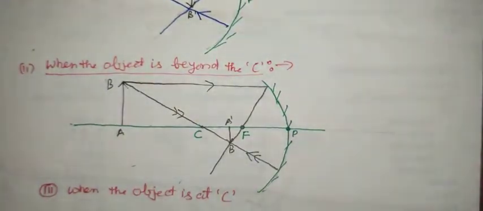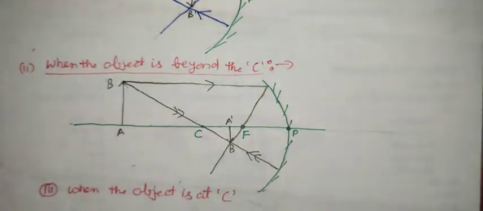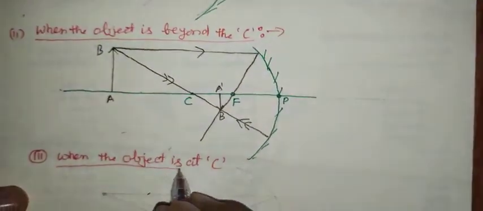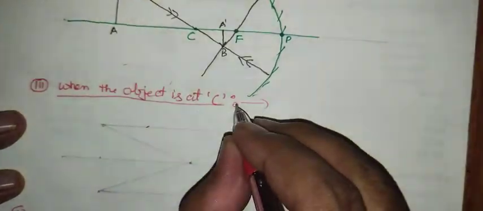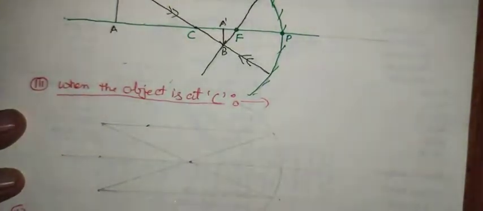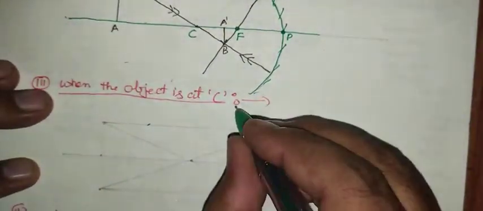Now we are going to look at the third case, when the object is at center of curvature. See, if it is at center of curvature, let us see the ray diagram carefully here.